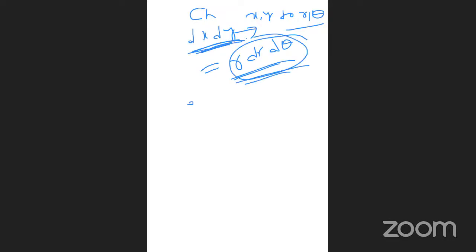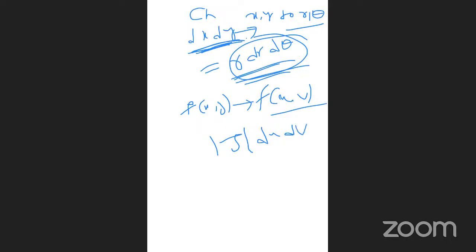When the function f of x, y we are changing to the variables u, v, we have to apply the Jacobian of du dv. What is the J value?